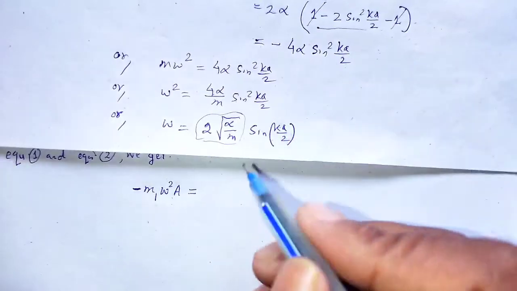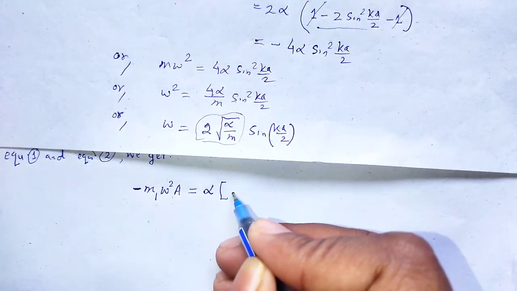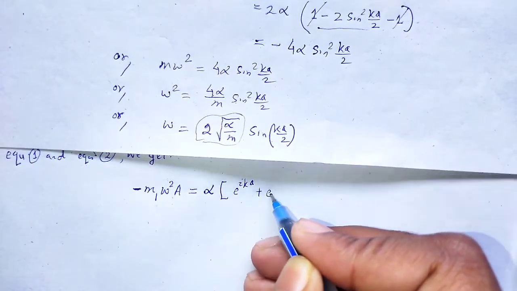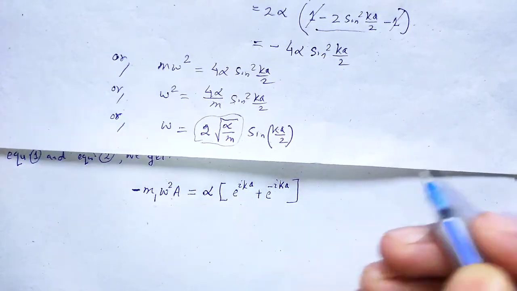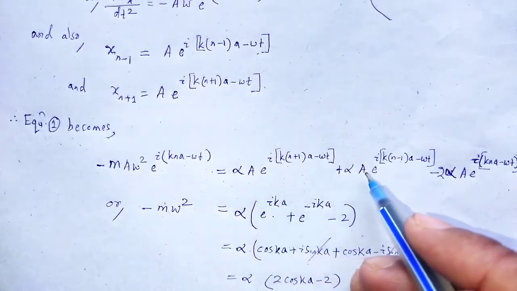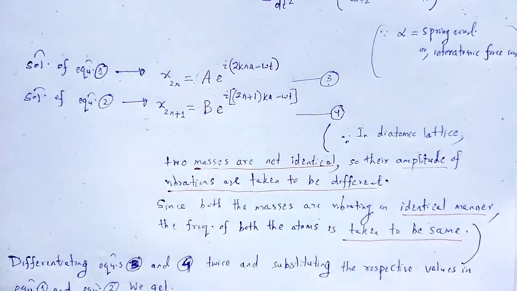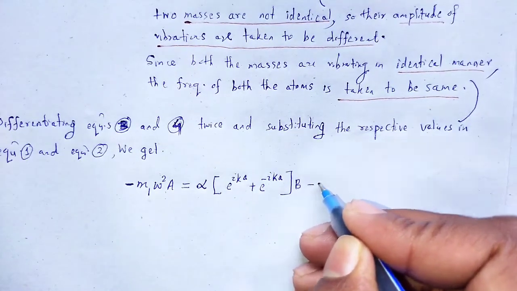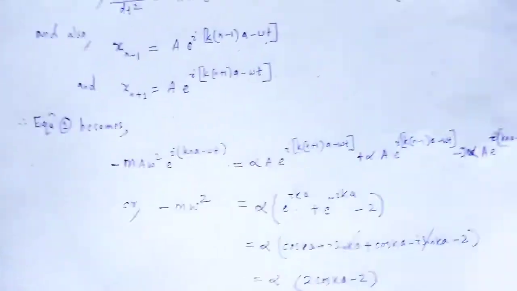So, alpha into (e^(ika) + e^(−ika)) into B, minus 2αA, the last term.